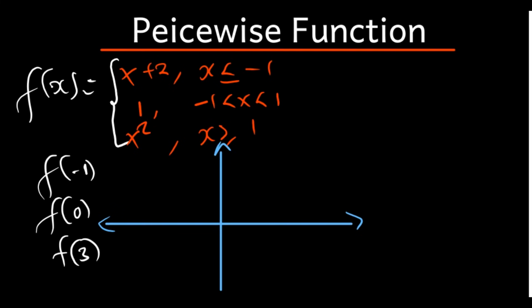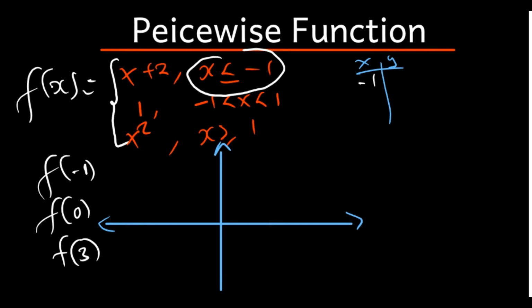I'm going to say this is my x, this is my y. So the first part is -1. In this equation, if I replace x with -1, what will be the value of y? Because the condition here is that x is less than or equal to -1.